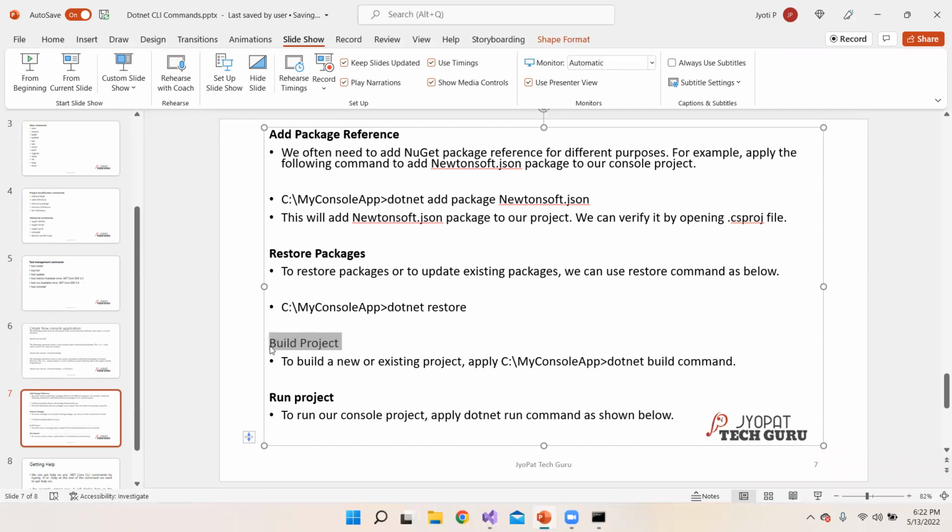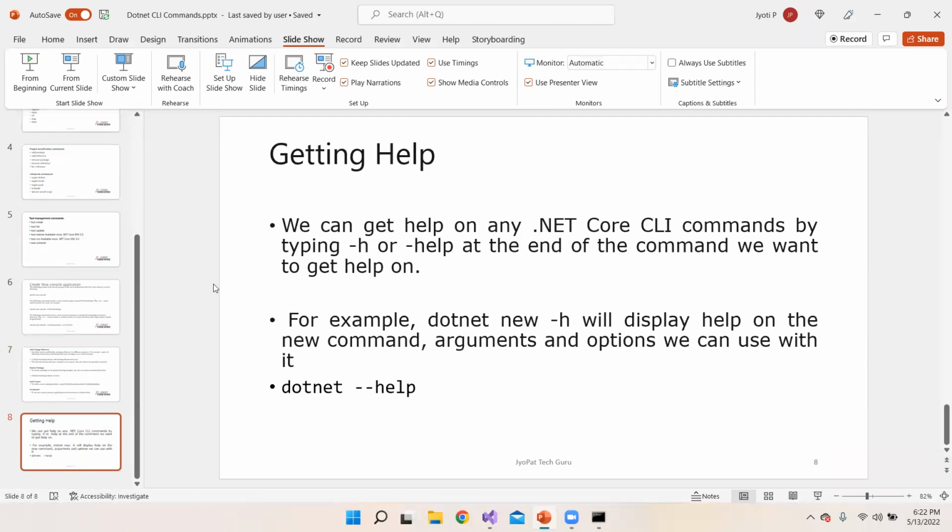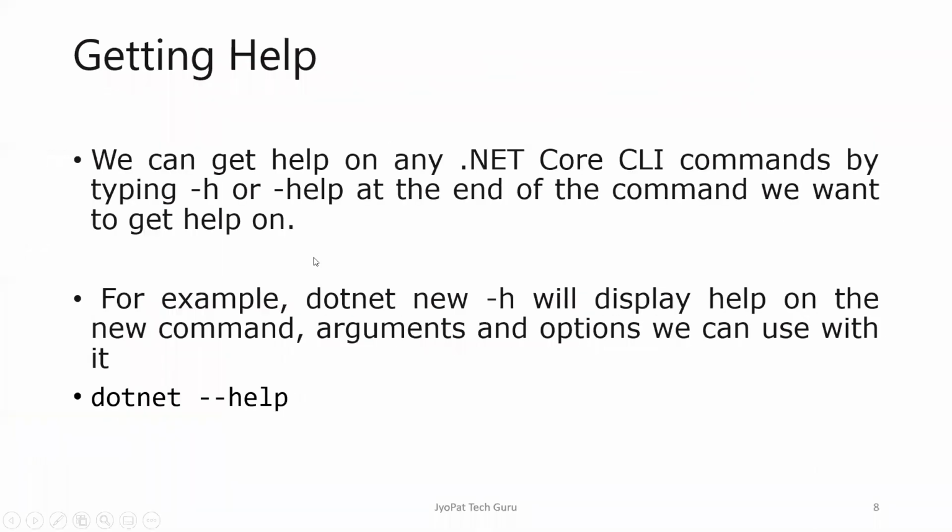If you want to build this application, you have the dotnet build command. If you want to run it, you have the dotnet run command. These are very simple commands. So instead of going to Visual Studio every time, you can go to the CLI, issue those commands and see the execution.